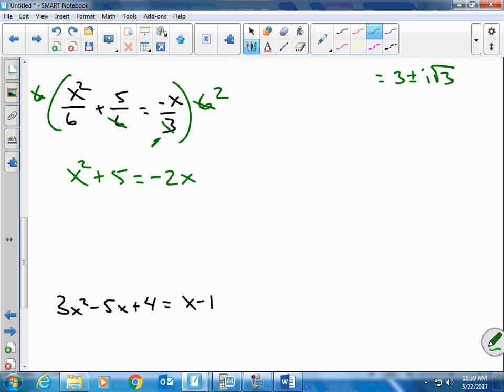Next step, put it in the right form. x squared plus 2x plus 5 equals 0. Put it in the quadratic formula.